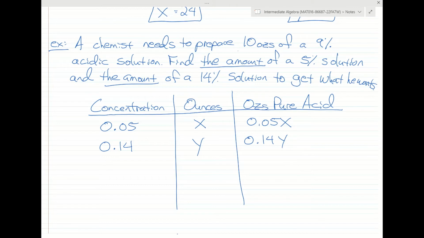We want to get 10 ounces of a 9% solution. So we know that 9% concentration with 10 ounces gives us 0.09 times 10, which is 0.9.